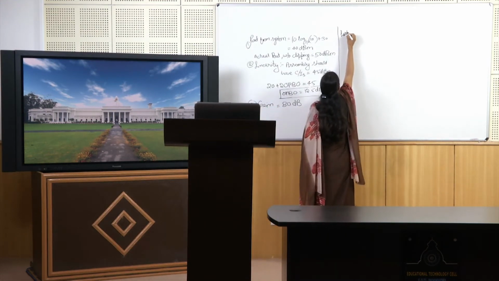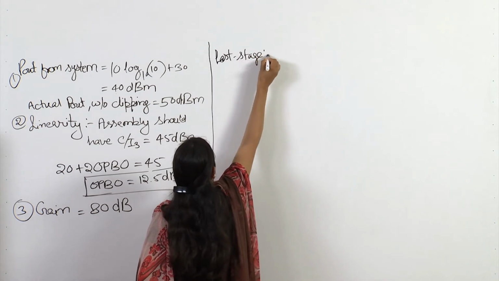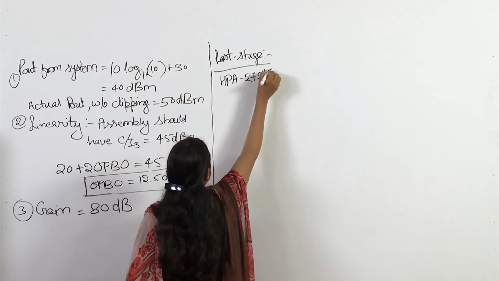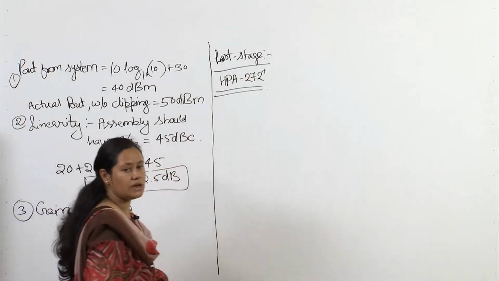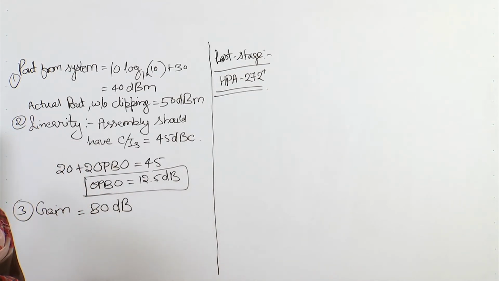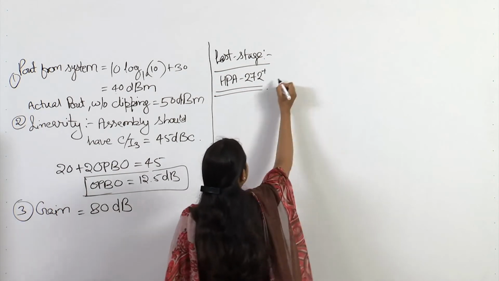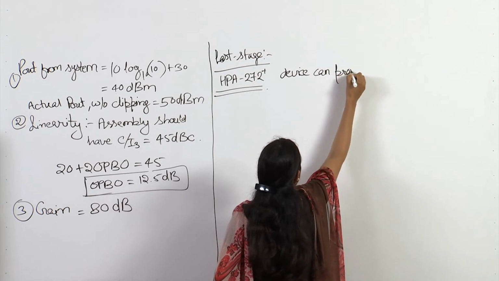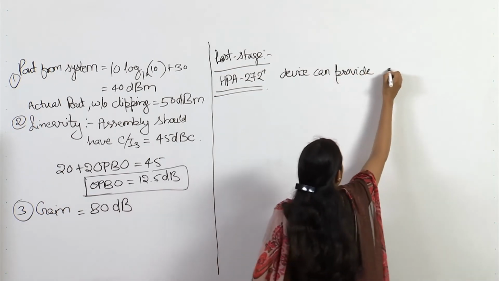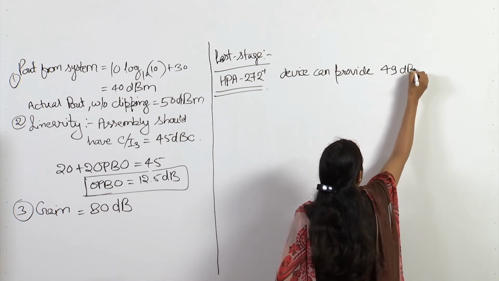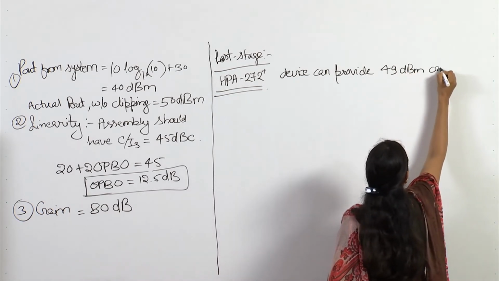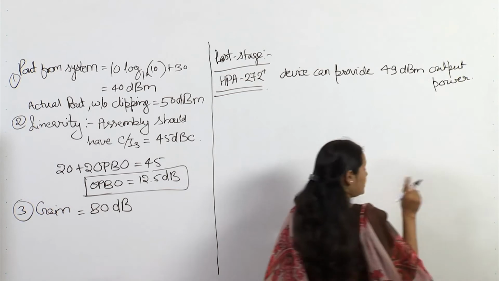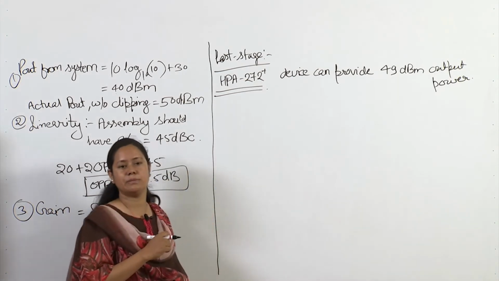So, design of the last stage. HPA 272 plus has been chosen. Now, the P1 dB point here in this case is 49 dBm. The device can provide output power at 1 dB saturation. This is the definition of P1 dB point.